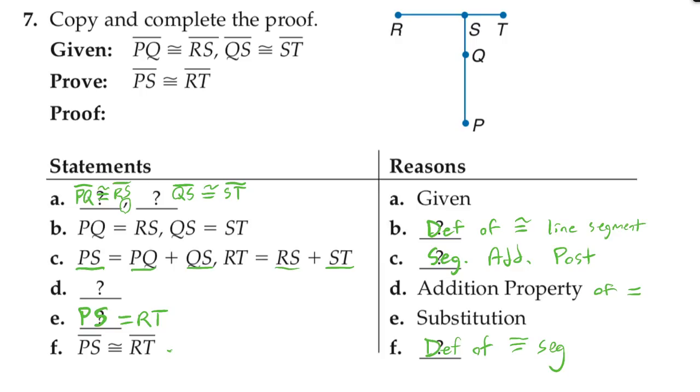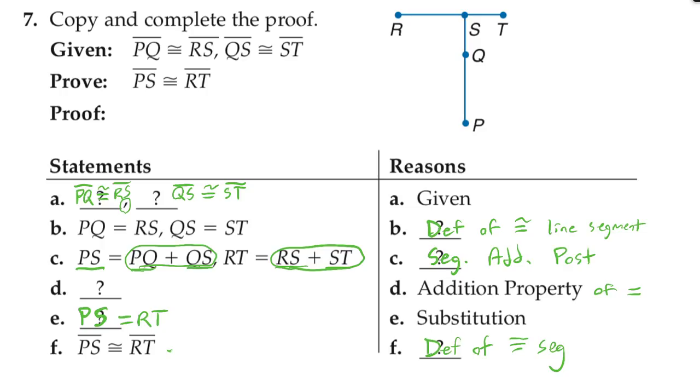So working backwards, how do we get PS equals RT? Okay, so how did we get PS equals RT here? Let's look at this. So we have these things that are not the same. But looking up top, we get PQ equals RS and QS equals ST. I don't know why they did the addition property.